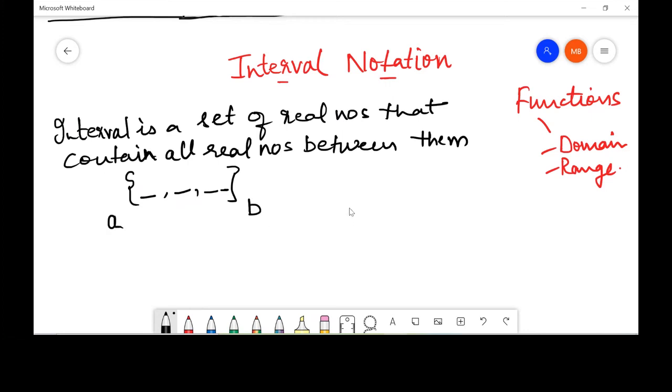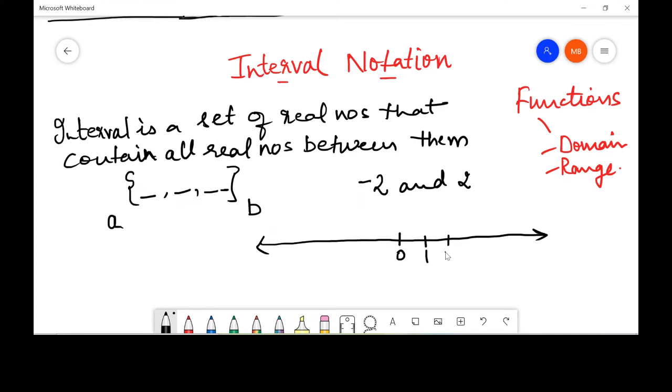Say for example, let us talk about -2 and 2. If we represent -2 and 2 on a number line, say this is our number line, this is 0, +1, +2, -1, -2. Now we are trying to figure out all real numbers between -2 and +2.